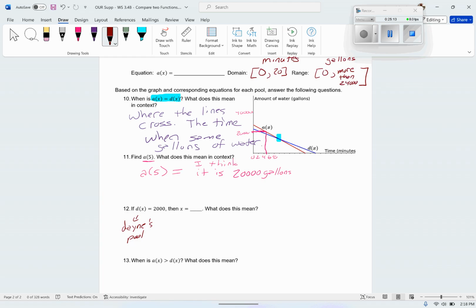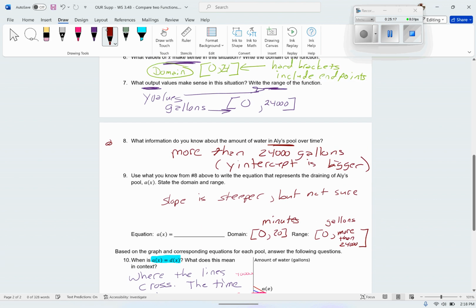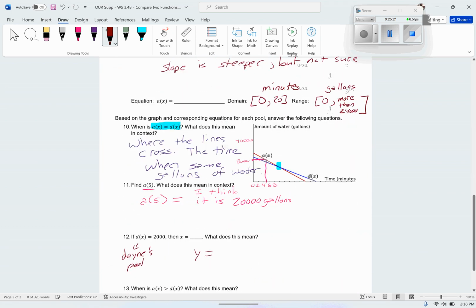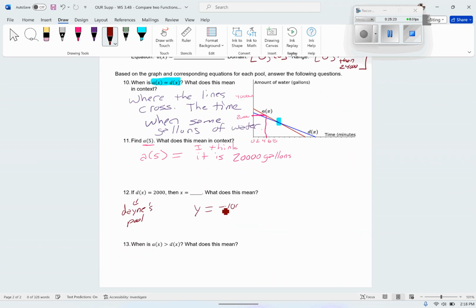And I think our equation was y equals, we did it up here, negative 1,000x plus 24,000. Okay? So you see this 2,000 here? This 2,000 is like here someplace. Okay? But I'm not sure.